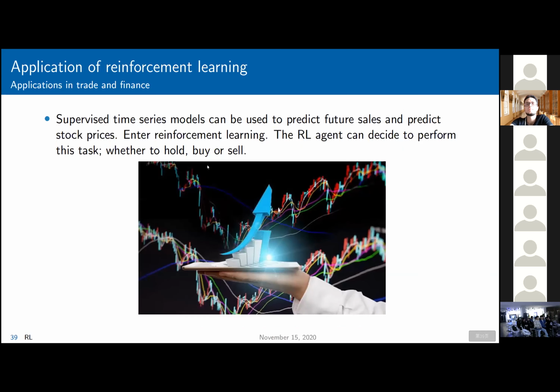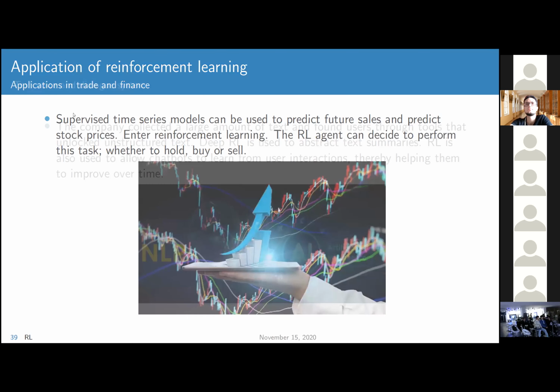And the third one is application in finance. Simple models can be used to predict future sales and predict stock prices. In reinforcement learning, the RL agent can decide whether to hold, buy, or sell.